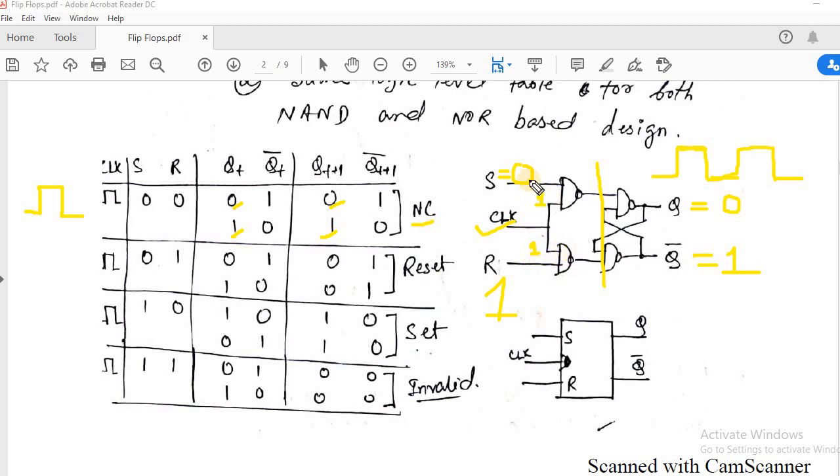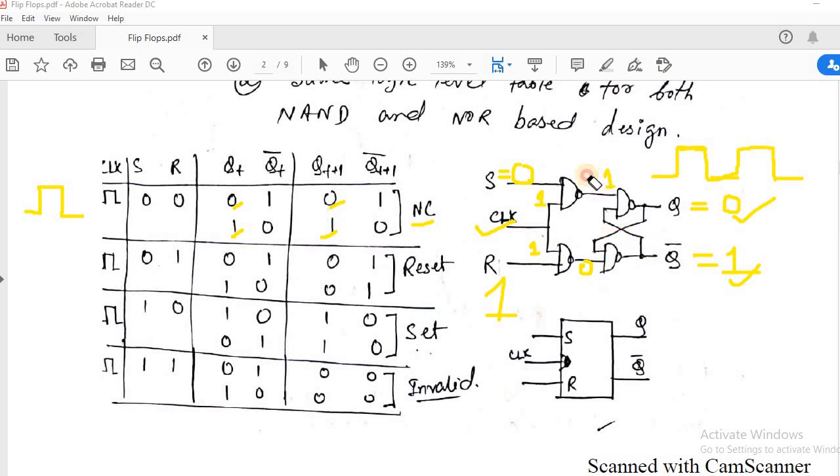Now with 0 and 1, this output will be 1, the output of this NAND gate will be 1, and the output of this NAND gate will be 0. If this is 1, and Q bar is also 1, then 1 1 gives rise to 0, no problem, and this 0 comes here, 0 0 gives 1. So if S equal to 0, R equal to 1 and the present state is 0, then the next state is also 0.